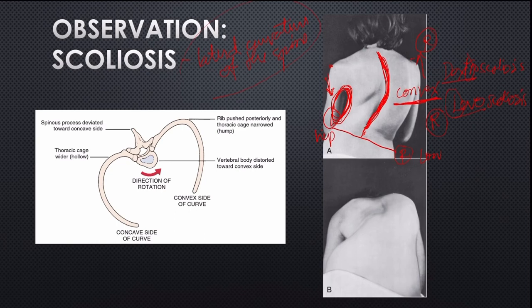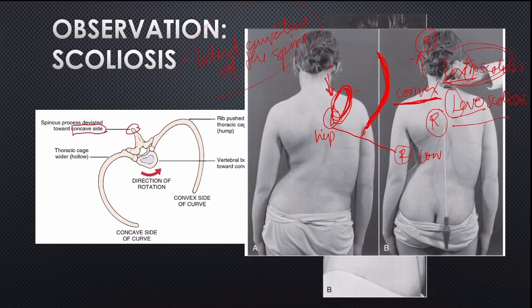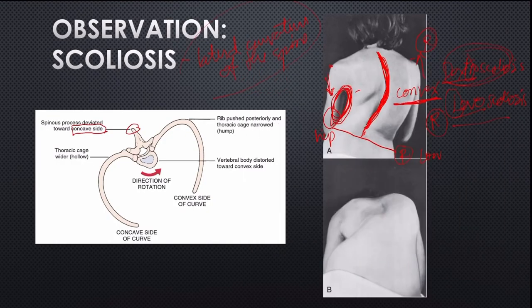For example, if there is right-sided scoliosis, on the concave side over here, you can palpate the spinous processes of the spines that are affected. The spinous processes are very palpable on the concave side, and we can imply that it's also rotated opposite.